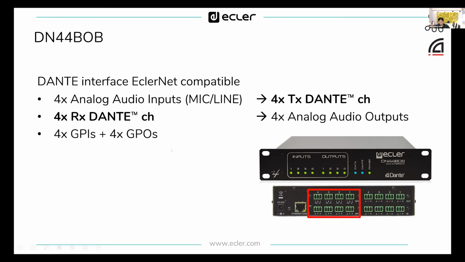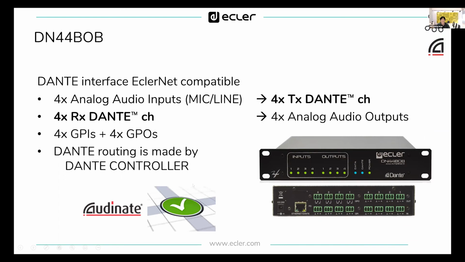We have 4 GPIs and 4 GPOs, and we can control the phantom, the level, the sensitivity, but we do not control routing from EclerNet Manager. Whatever comes to this output is controlled by Dante Controller. Dante Controller is a software from Audinate, who are the manufacturers of Dante chipsets and who invented this protocol.